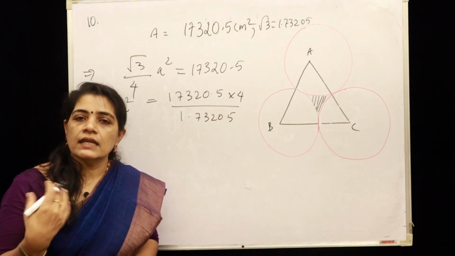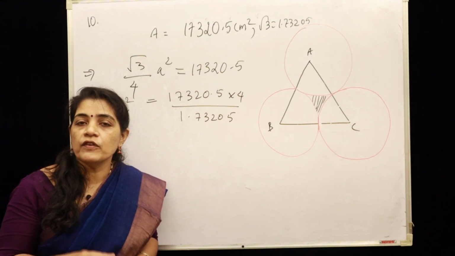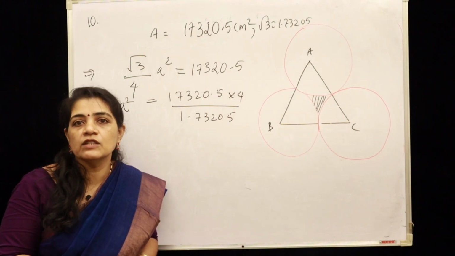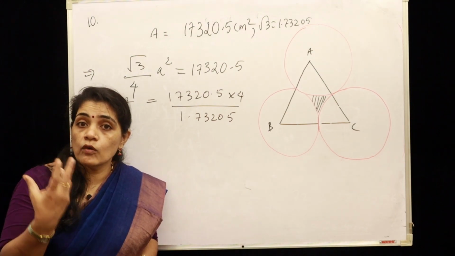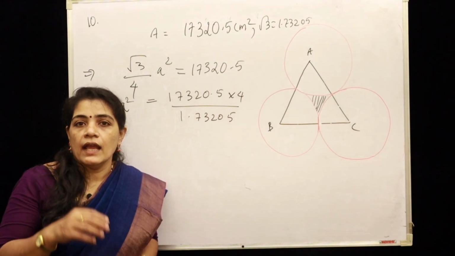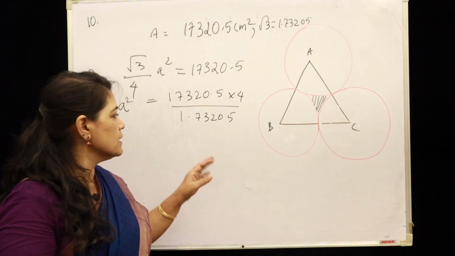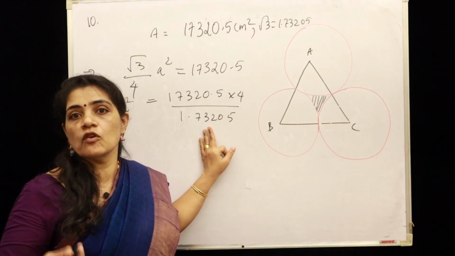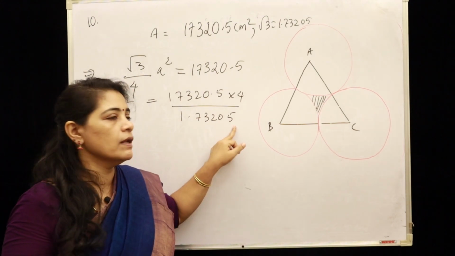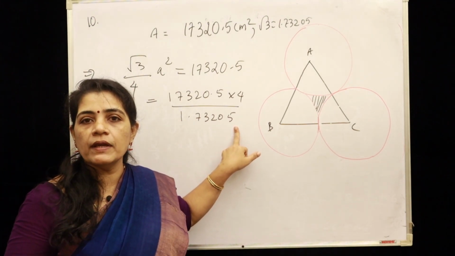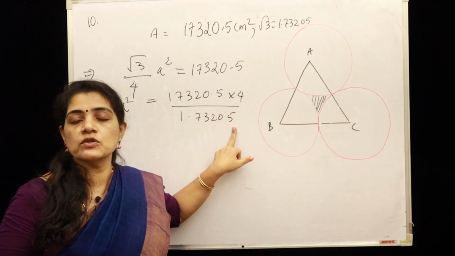Children, we have seen that if a decimal number comes in the denominator, it will be difficult to continue the calculation. So we always make the denominator a natural number. For that we multiply with a suitable power of 10, like 10, 10 square, and so on, which is decided by the number of decimal places. The number of decimal places in the denominator is 1, 2, 3, 4, 5, so 10 raised to 5.